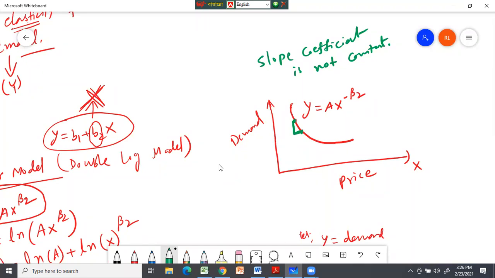We should not take the log form on both sides to make them linear. From the equation, this is not a linear model, this is a non-linear model, because x has the power or exponent minus beta 2. And if we plot them graphically, we will not get a straight line, we will get a curve.